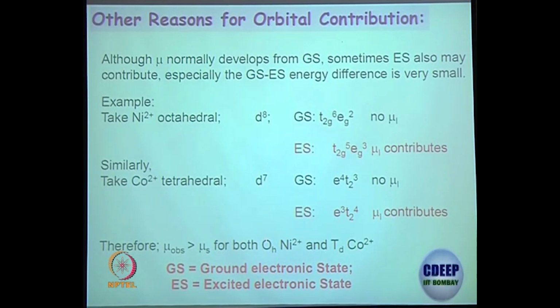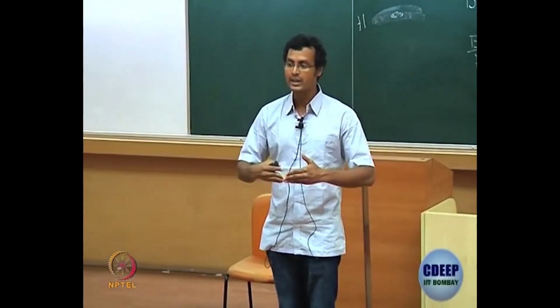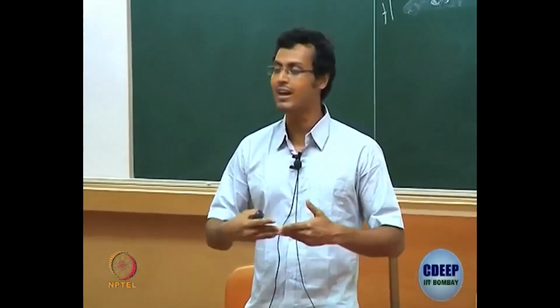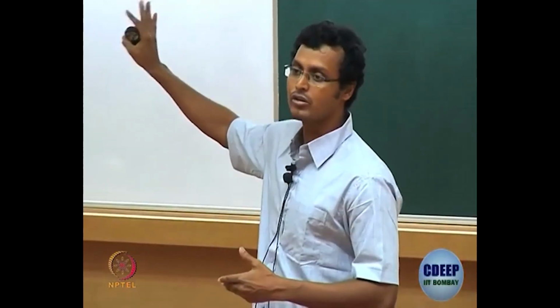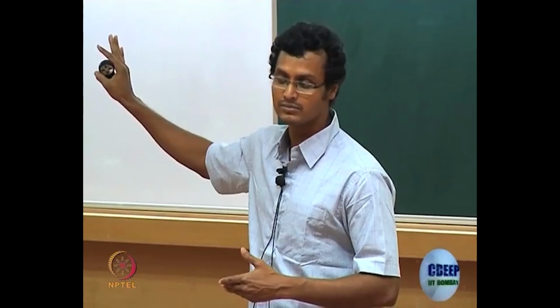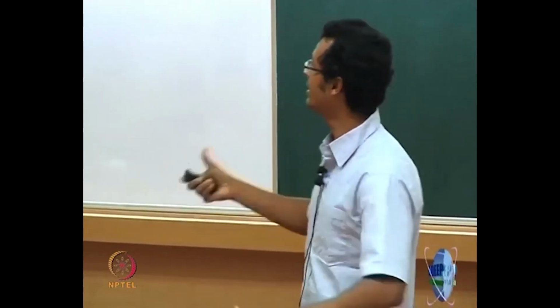So at least these two should be very familiar: octahedral nickel 2+ and tetrahedral cobalt 2+. These can give you an excited state contribution. Other than that, if any question in the exam cannot be explained by the normal understanding of orbital angular momentum, like the t2g is symmetrically filled, still the value is high, you can try to explain it by contribution from the excited state. Is it clear? Okay, you read it.